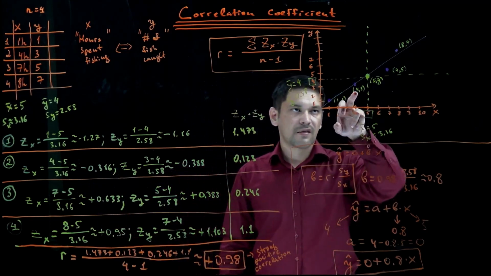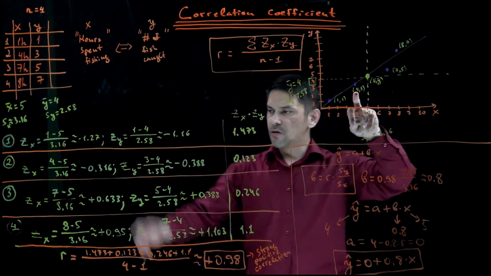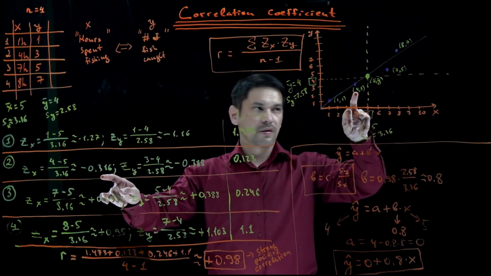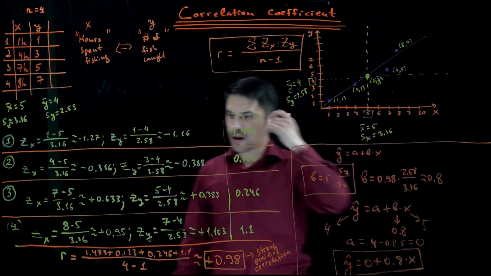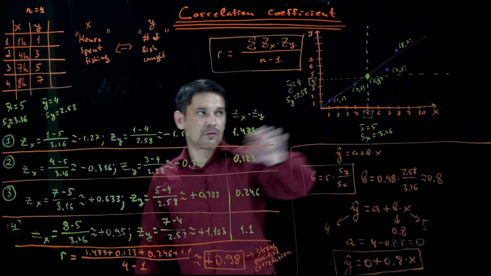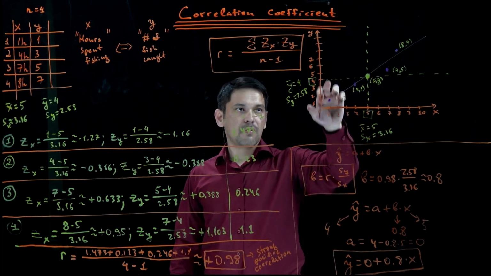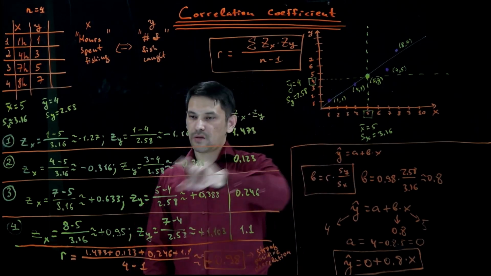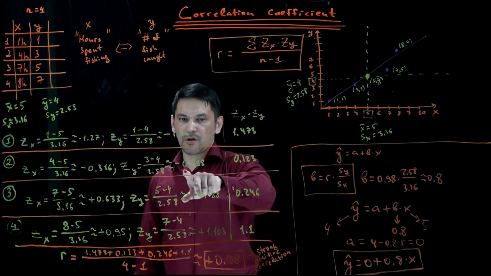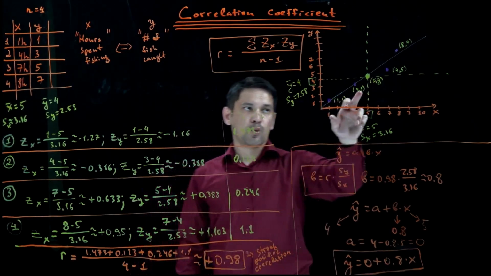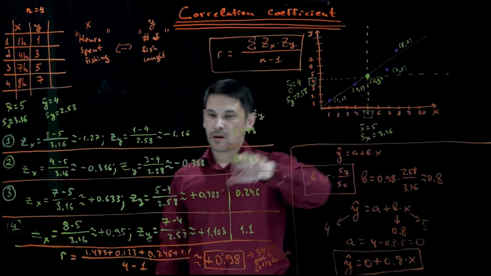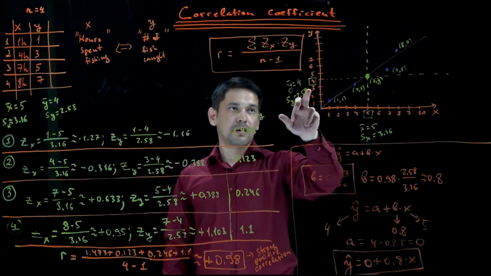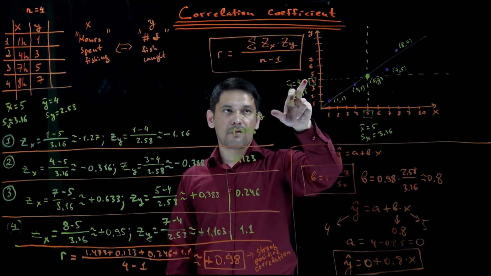That means the x value of this guy is 0.316 standard deviations less than the average. Now the z-score for his y value is 3 minus 4 divided by 2.58, which gives me minus 0.388. That means the y value of this person is 0.388 standard deviations less than the average for all the y values.